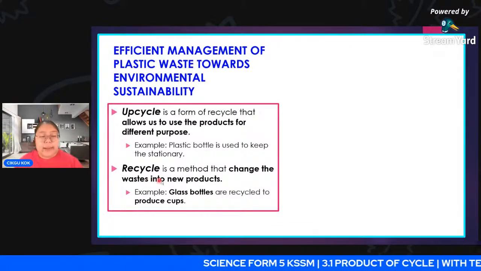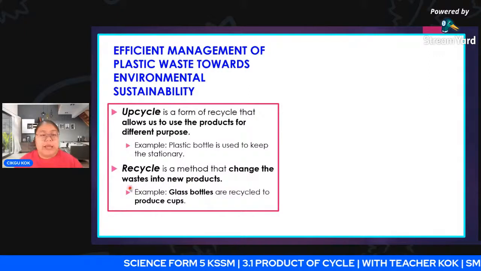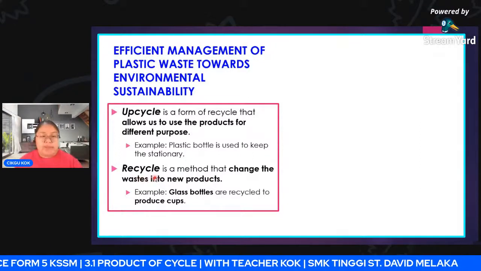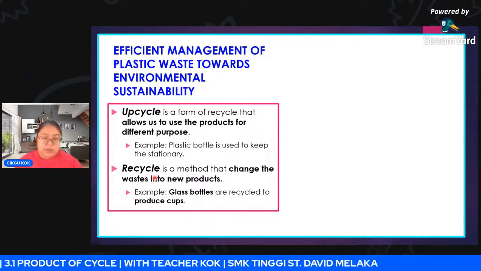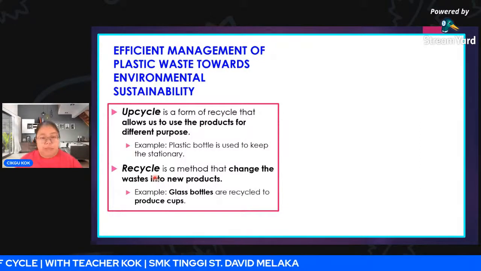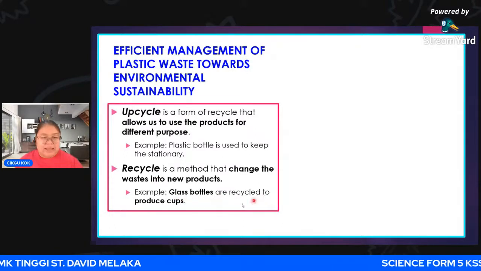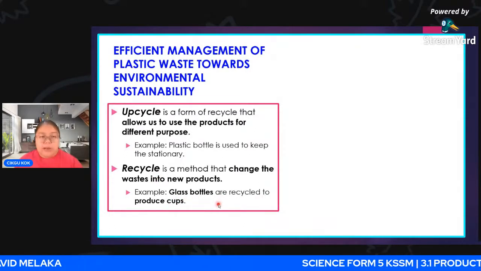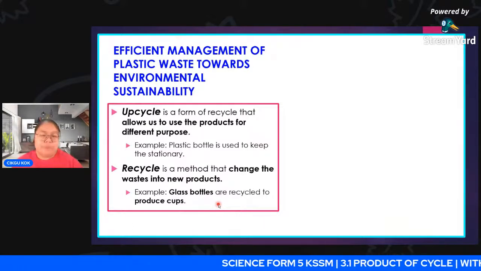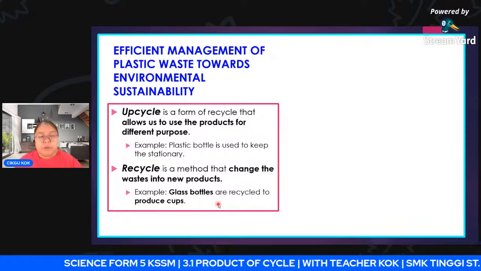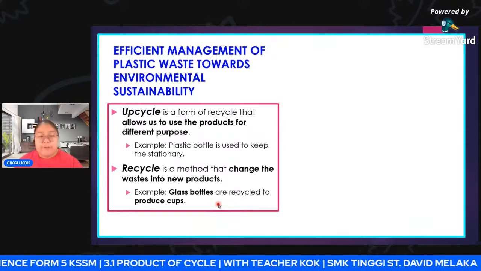Recycle is a method that changes waste into a new product. Waste means something that cannot be used, but you can change it to become new products. So from here, glass bottles are recycled to produce cups. That means you need to modify it. Bottle, how does it become a cup? That means you need to make some changes to the bottle.